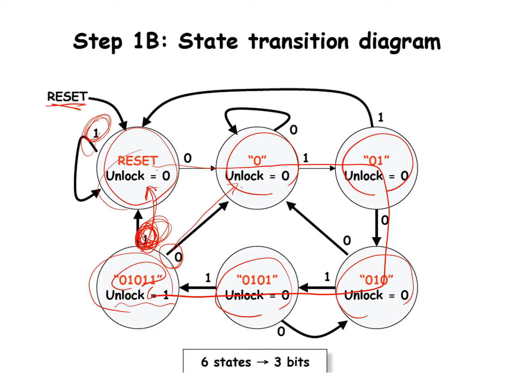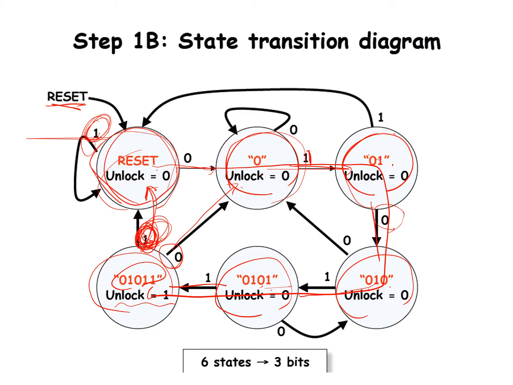In the reset state, if we receive the 0 key, we go to state 0. Next, if we receive 1, we go to the next state, 0 1, then if we receive 0, we go to 0 1 0, and so on.